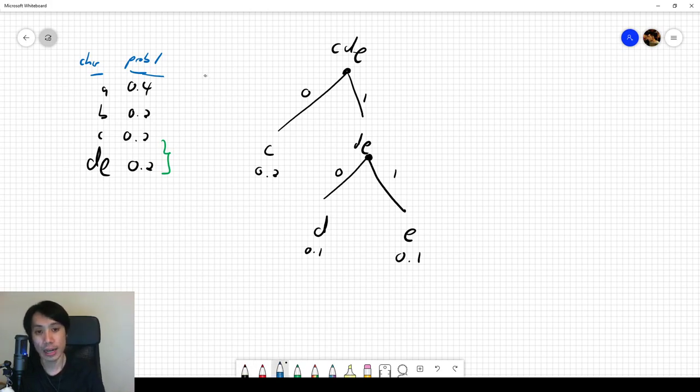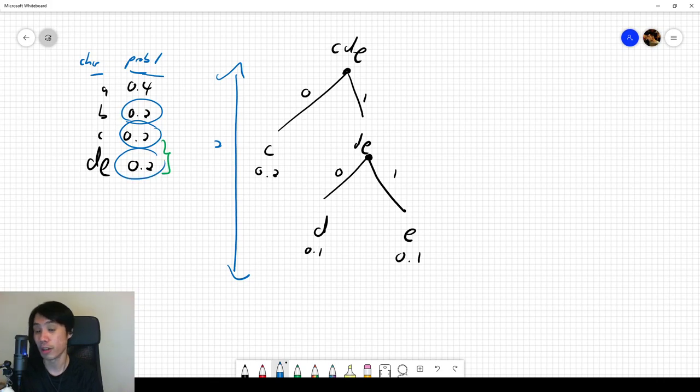You're going to realize the height of my tree actually becomes 2. So if the numbers are the same, I should prioritize the one with the shorter height. Here my height will be 1, and here my height will be 2.